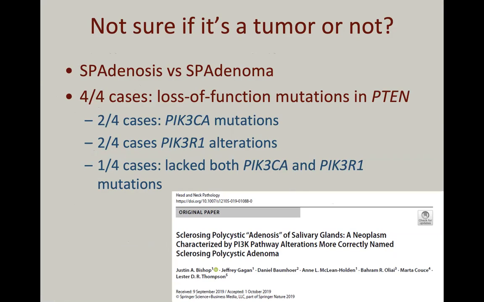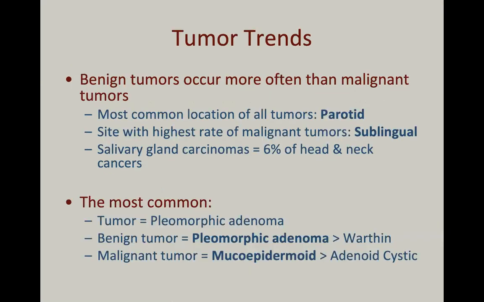We are learning how tumors are driven. We are learning the molecular alterations that occur in tumors. And so just something to keep in mind throughout this lecture and throughout our careers is that information and knowledge isn't static. It's constantly changing. And so keeping up with these, especially in the genetic arena, I think is going to be very important, not only for salivary glands, but for other types of tumors.